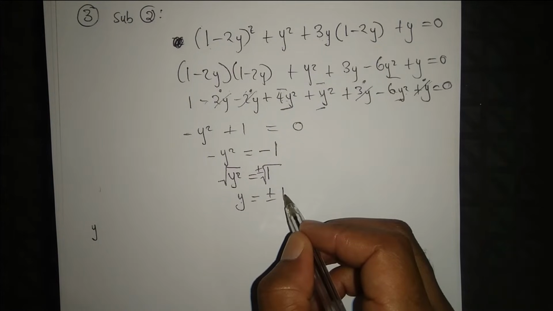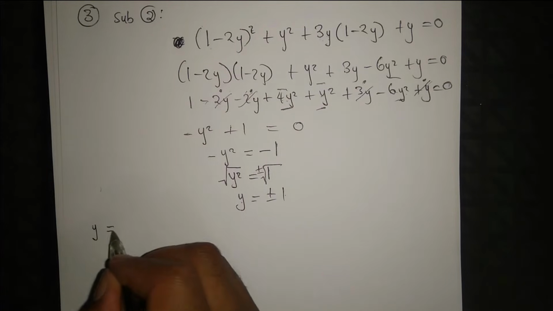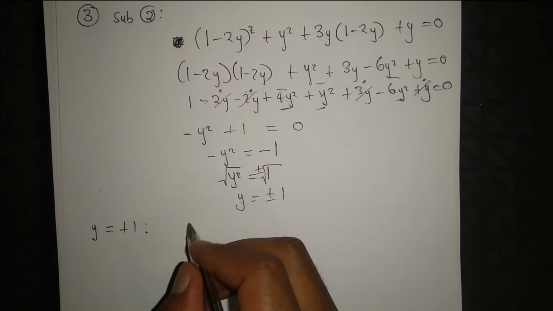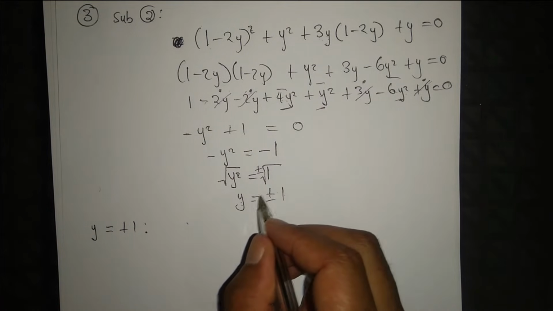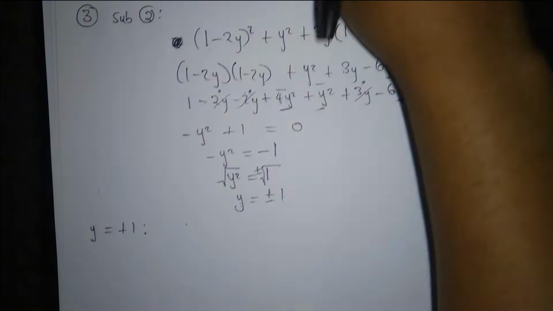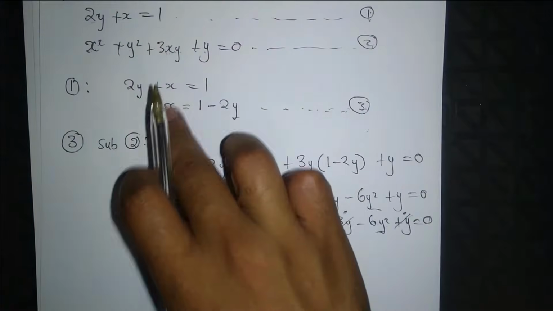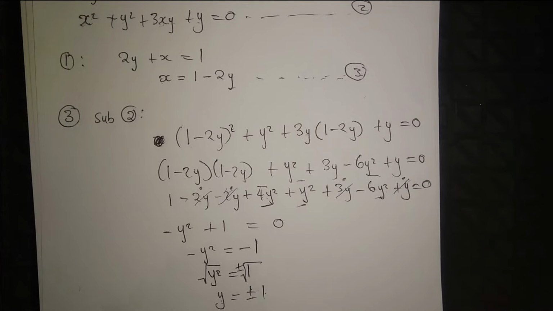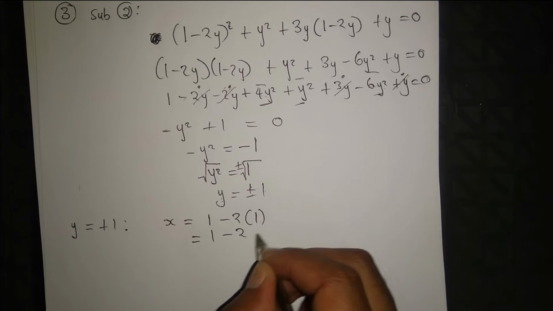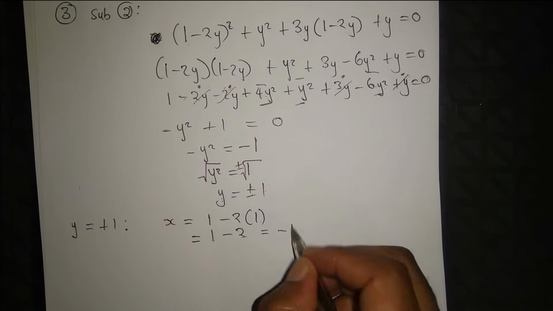Now let's calculate the value of x. For y positive 1, and the other y value, negative 1. Starting with the positive y, we substitute into equation 3 so that we get the x value. So x will be equal to minus 2 plus 1, which is 1 minus 2, it's minus 1.